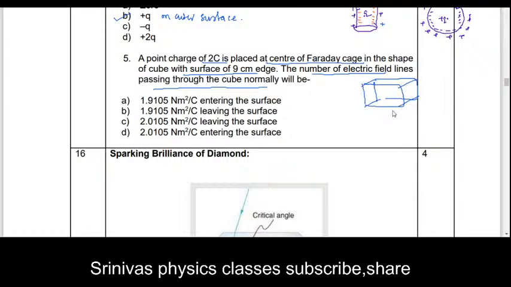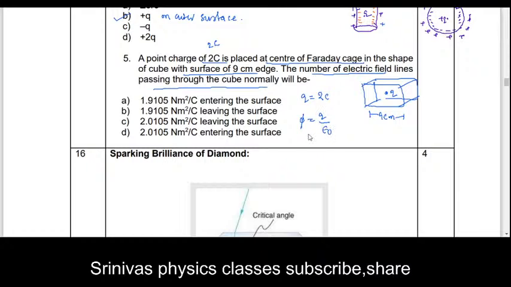It is a cube, and at the center of the cube we are placing one charge. The charge is 2 coulomb. The cube's side is 9 centimeter. How many field lines pass, they are asking. Field lines is nothing but flux.